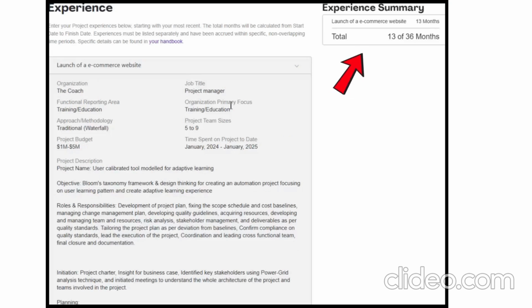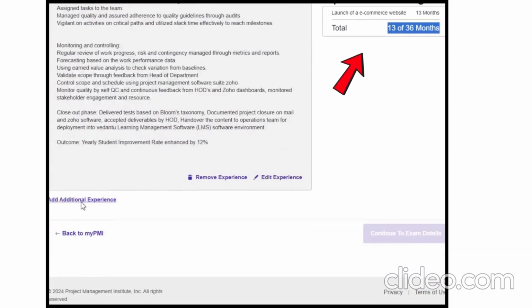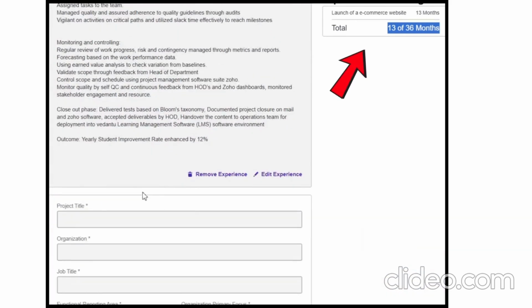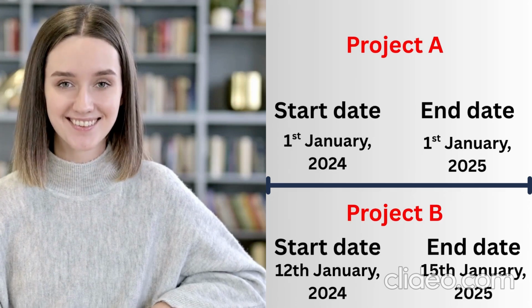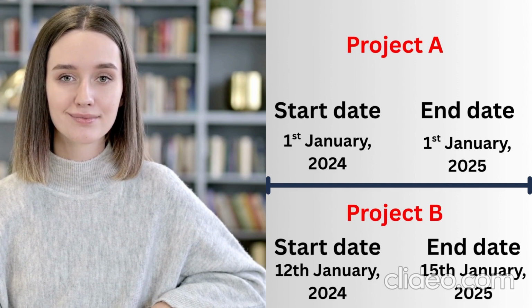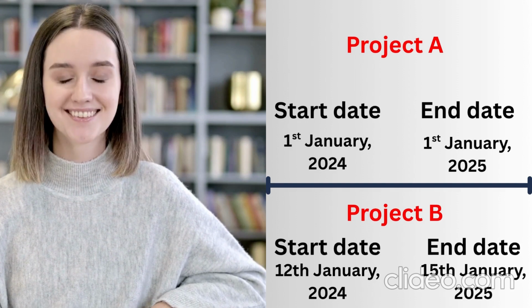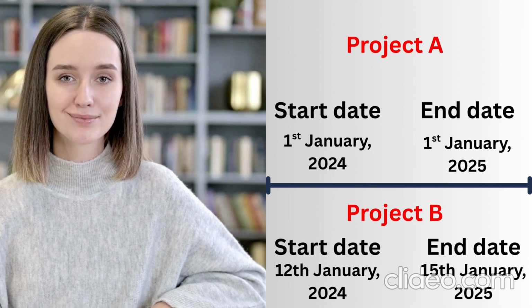Save your project description. You can see here the experience summary says that I have shown 13 months of experience out of 36 months. So once you scroll down, you will get an option to add additional experience. Click on this and add additional. While filling the form, it is important to note that you should not fill any overlapping experience. Suppose you have project A, start date is 1st January 2024 and end date is 1st January 2025.